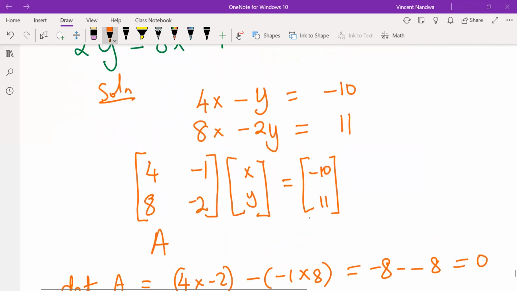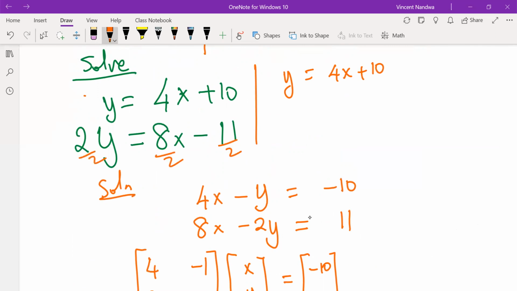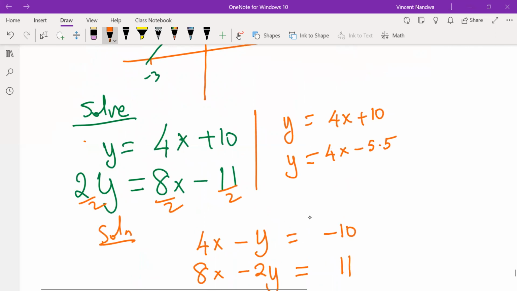But a quick check on these equations, we have this one is y equals 4x plus 10. And this, you can divide through by 2. So y equals 4x minus 5.5. So we see that these two lines have the same gradient. So which are parallel lines.